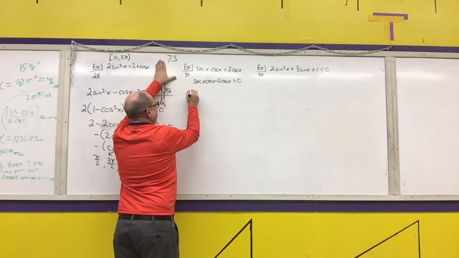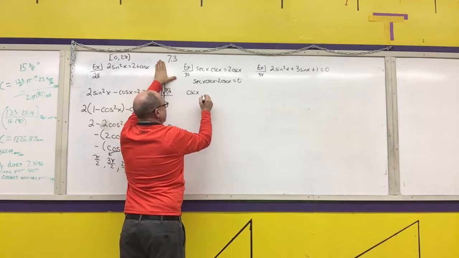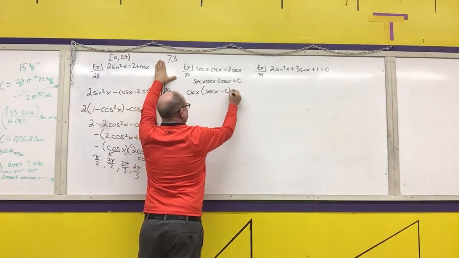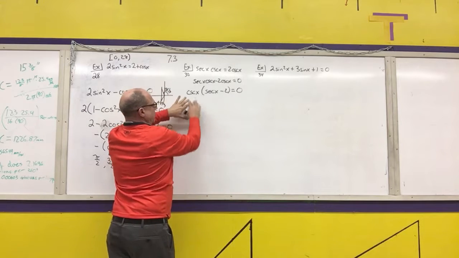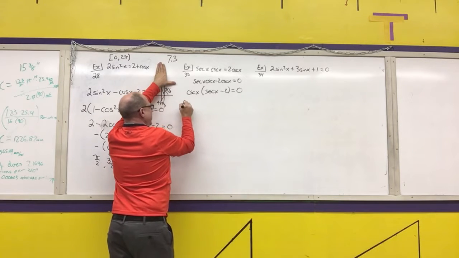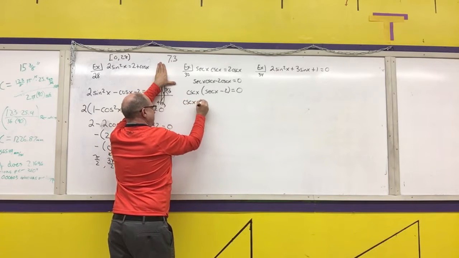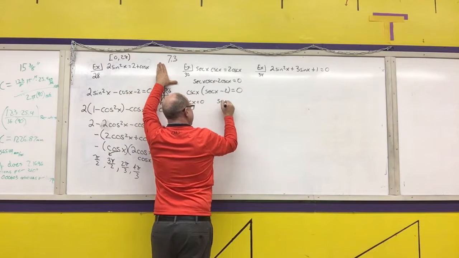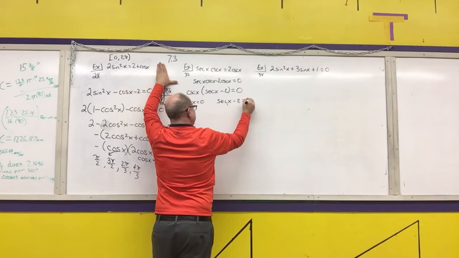So I know that I have cosecant x times secant x minus 2 equals 0. Solve both of these. I want to know when cosecant x is equal to 0, and I want to know when secant x minus 2 is equal to 0, or secant of x is equal to 2.